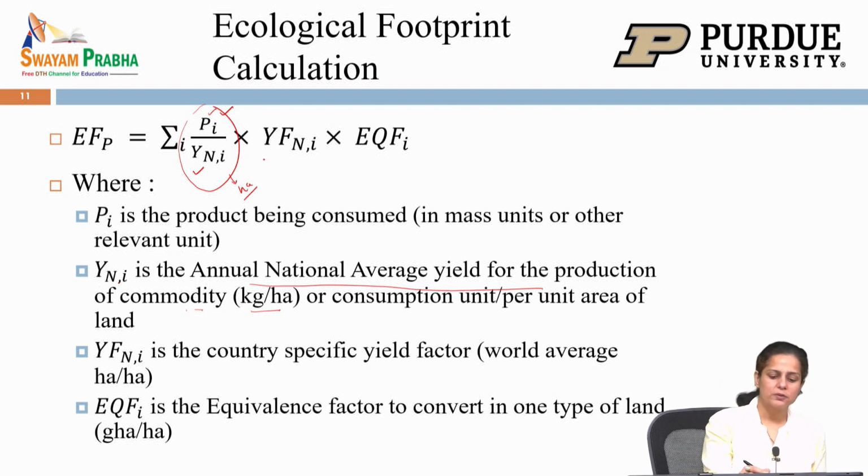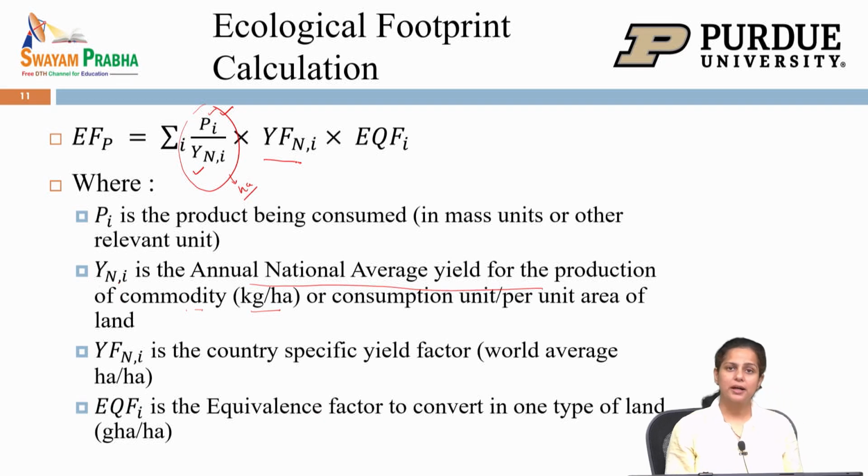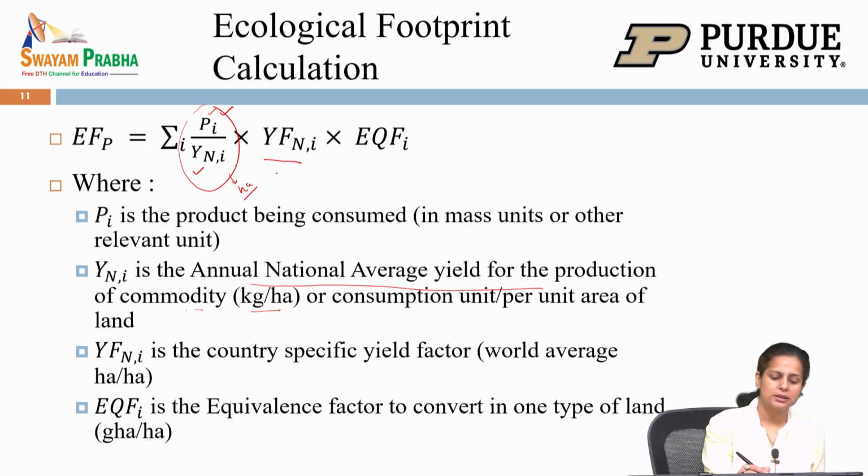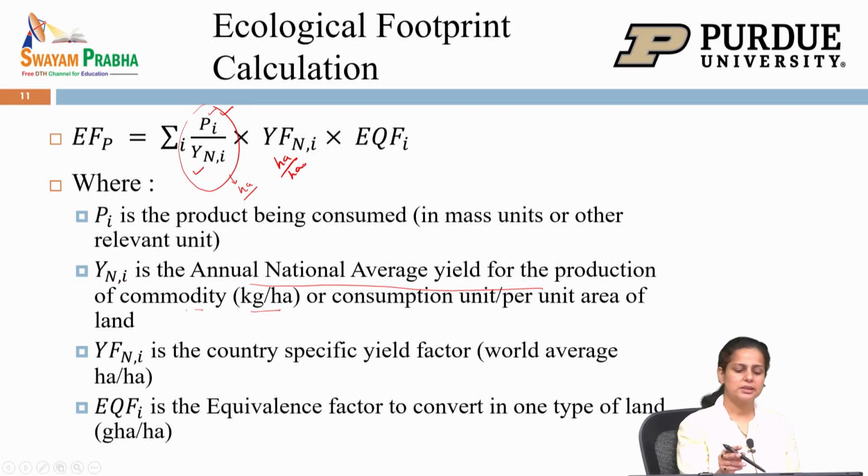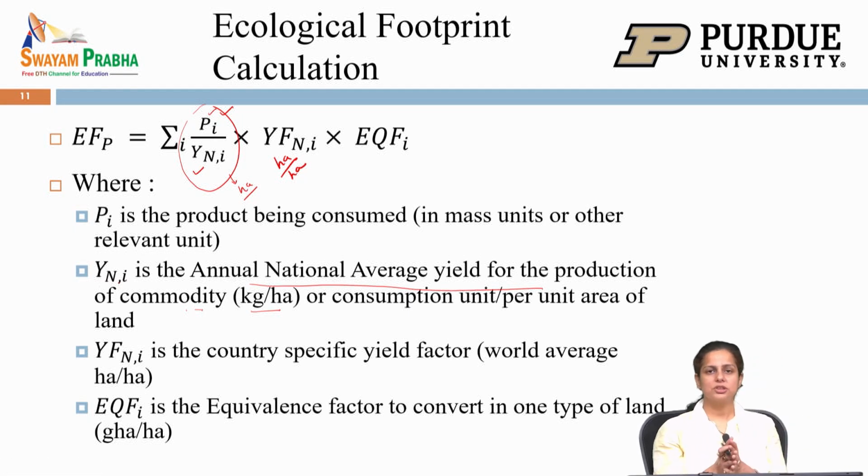Then we multiply it with the yield factor. So, what the yield factor does is that you will get into global hectares per hectare. So, what it is doing is that it is converting the land. So, instead of saying what will be the land required in this region, it is the land required for the global average productivity, and that is the multiplication by yield factor.